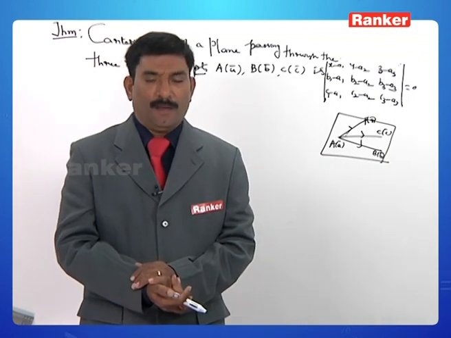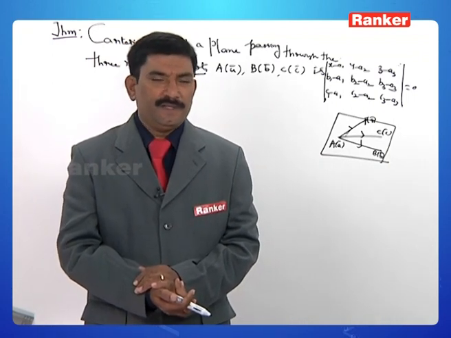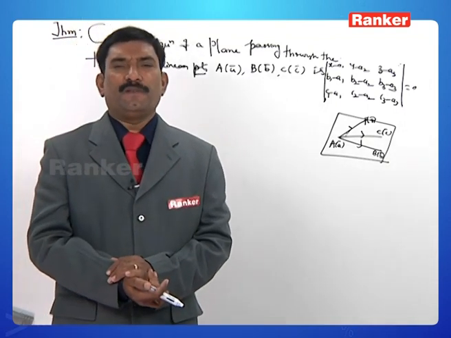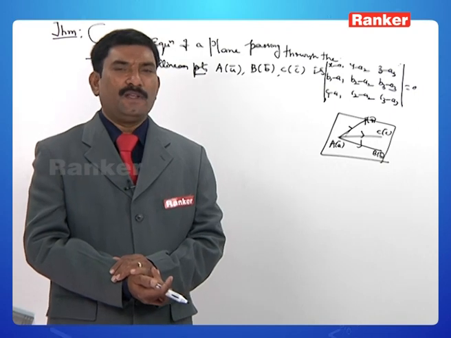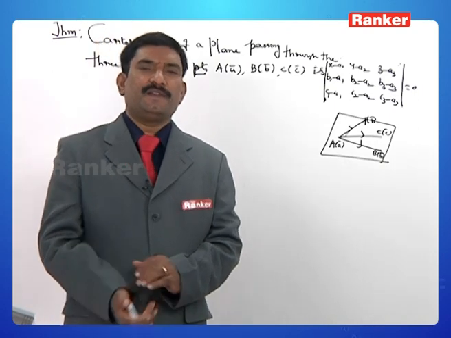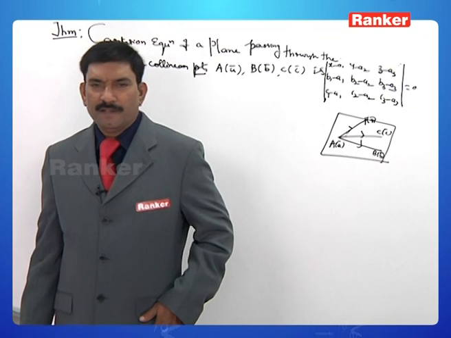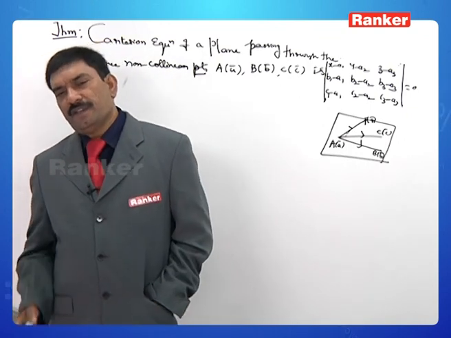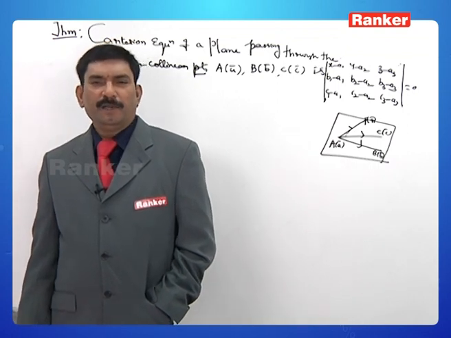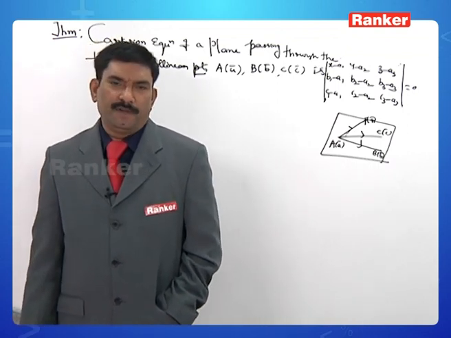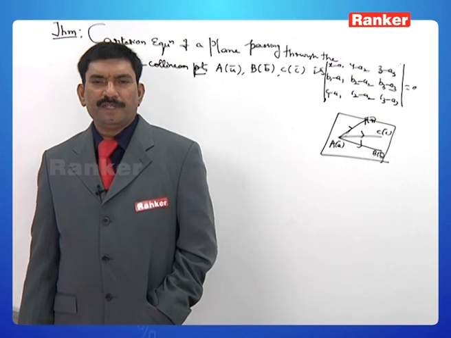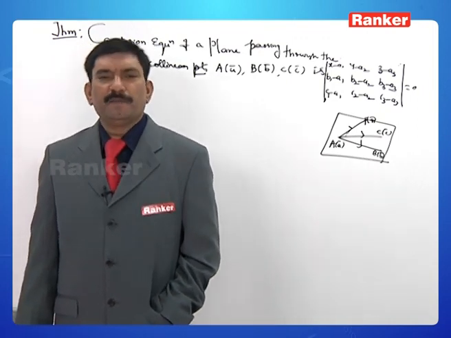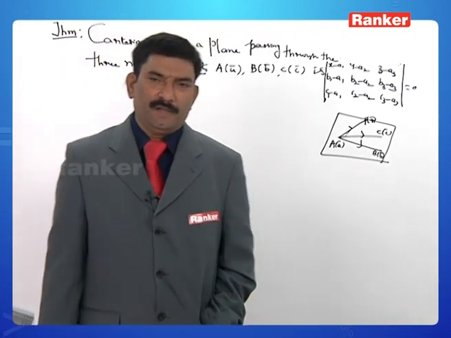Not with P, I mean PA, PB, PC; that is not valid. Because A, B, C are given, and P you considered to name the plane, you can go for coinitial vectors, either AB bar, AC bar, AP bar, BA bar, BC bar, BP bar, CA bar, CB bar, CP bar, not with P. Followed?